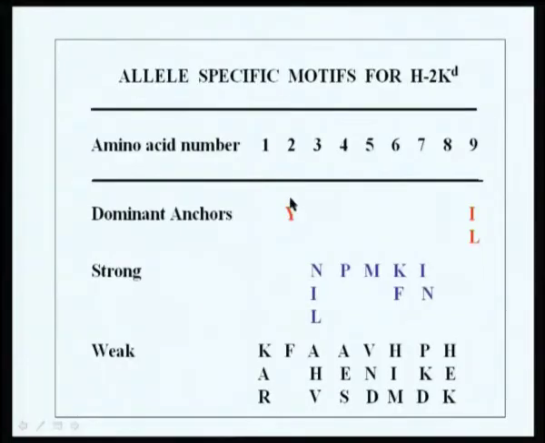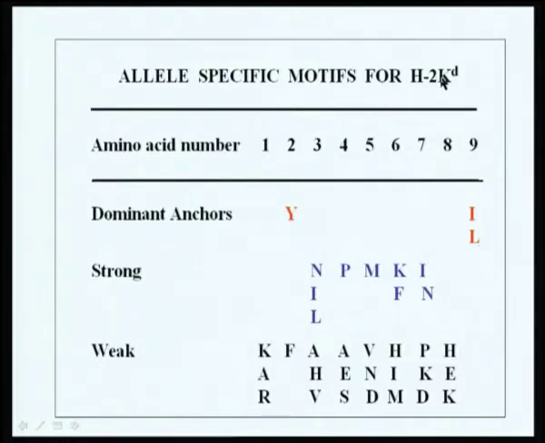Now, despite the prediction of the presence of these allele specific motifs in particular antigens, it does not mean that all those predicted motifs would find their way into the peptide binding cleft, basically because the antigen presenting cells would vary in their capacities to produce those motifs or clip them at the exact positions required for them to have tyrosine in that position and isoleucine or leucine in the case of the H2Kd molecule.